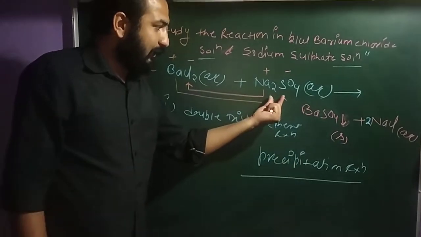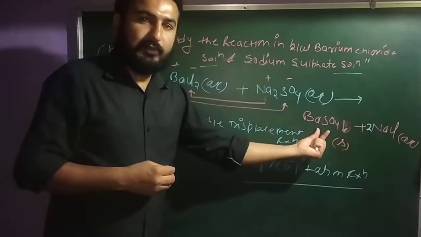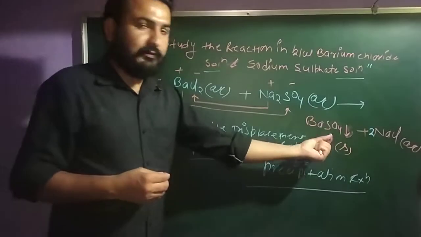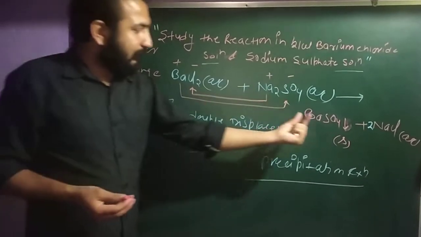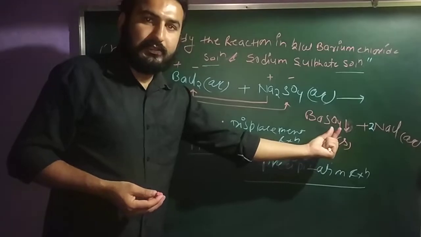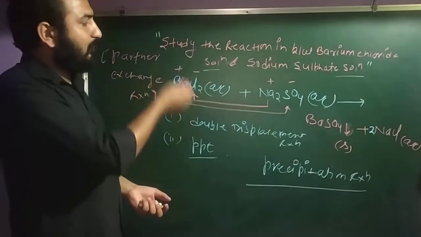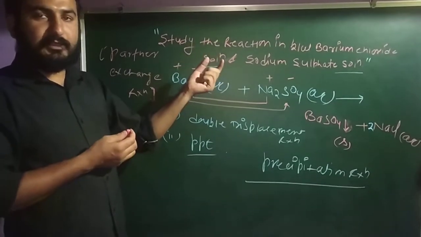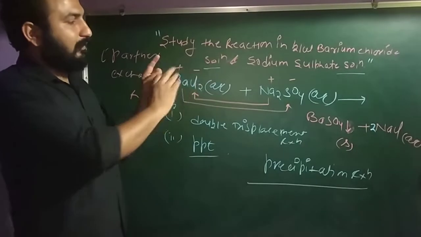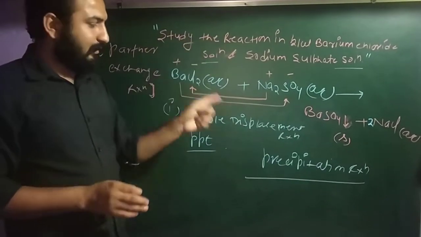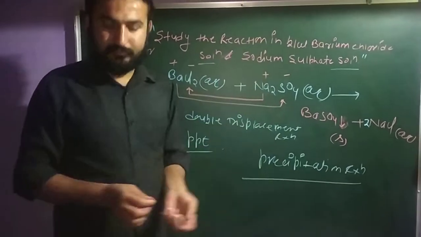Because a precipitate, a solid substance or an insoluble substance, is formed, so it is called the precipitation reaction, and this solid substance or insoluble substance is called the precipitate. Clear? So this is your activity from your NCERT, and this is the observation. Clear? And this is all about your double displacement reaction, the precipitation reaction, and your partner exchange reaction.